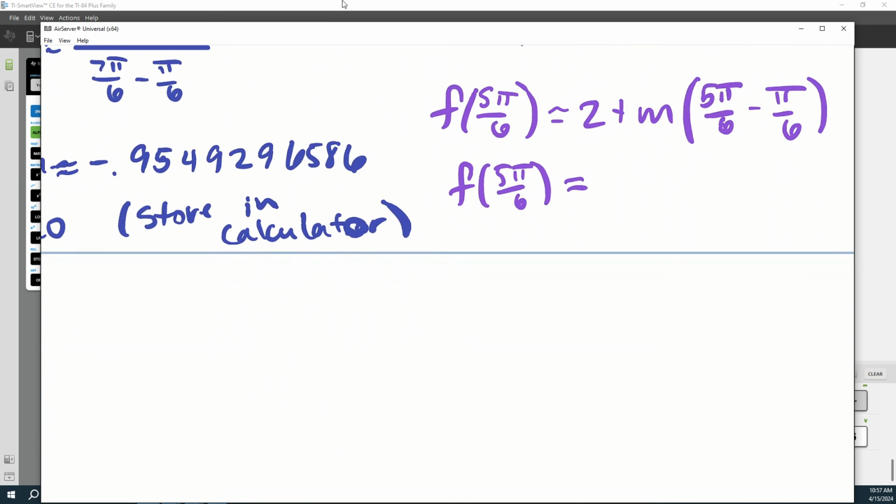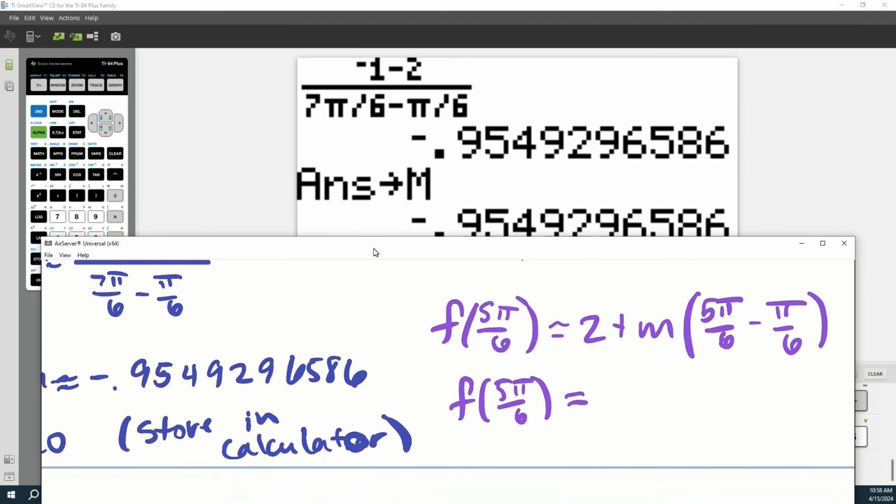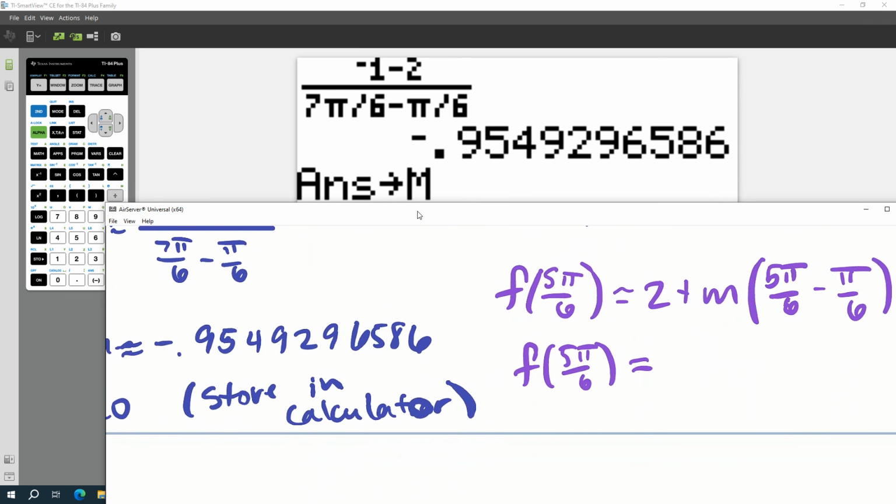All right, and then I'm just going to type that in my calculator just like it looks. Not the stuff that's on the left, just the stuff that's on the right.